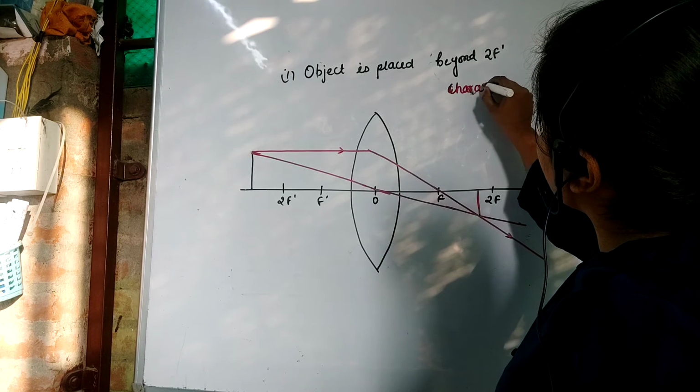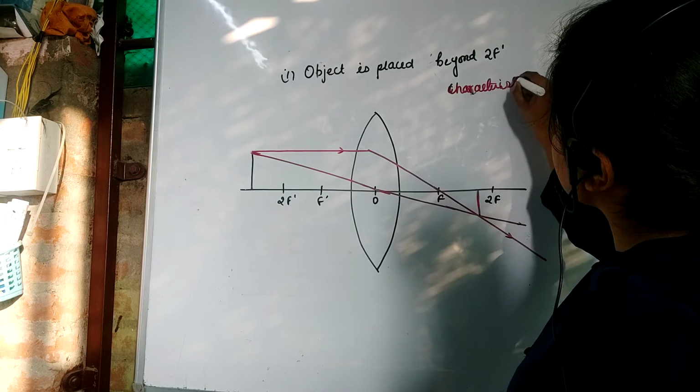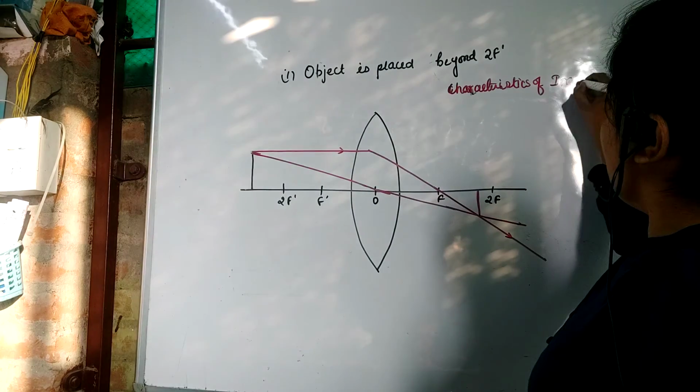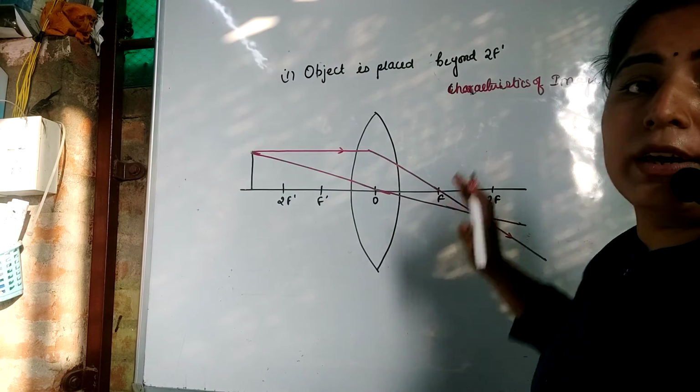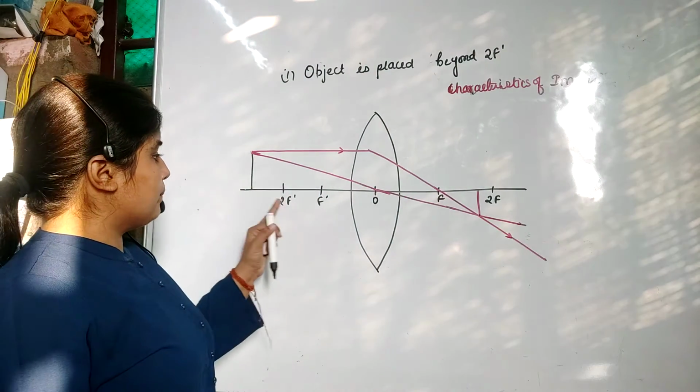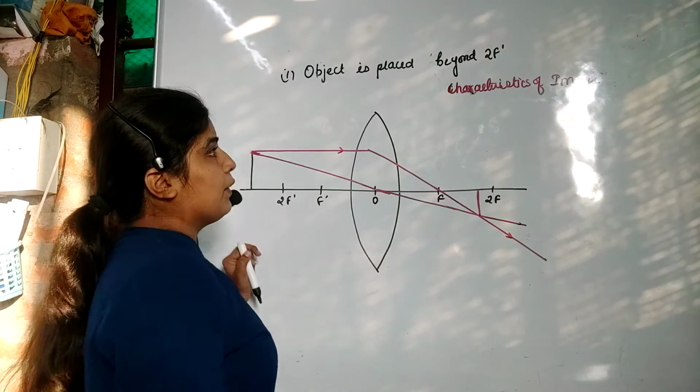And now we are going to discuss the characteristics of the image. What are the characteristics of the image which is formed by the convex lens whenever the object is placed beyond 2F'?